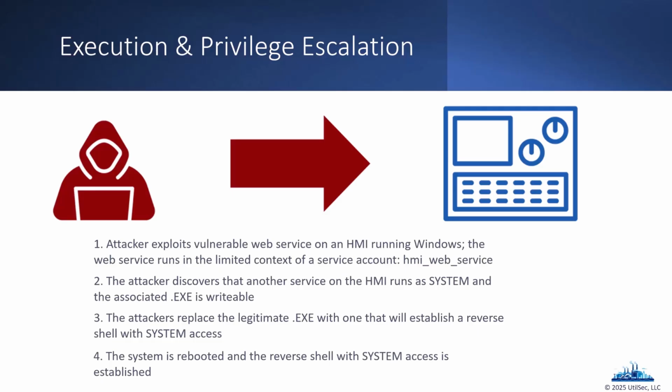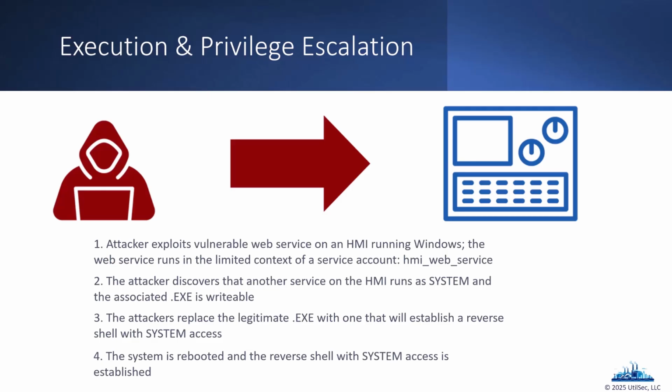So in that case, we gain access, but it's limited access. But while we're on the machine, and this is one of my favorite types of vulnerabilities to work with on a Windows system, what if we get that initial foothold and it's limited, but I want to become a full administrator? I want to gain SYSTEM level access. One of the things we'll do is see what else is running on the machine.